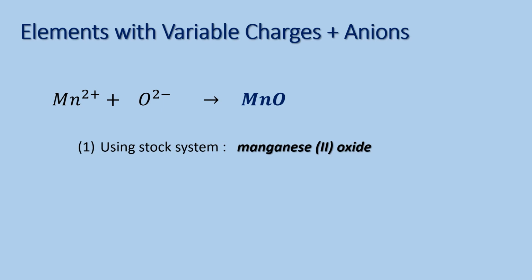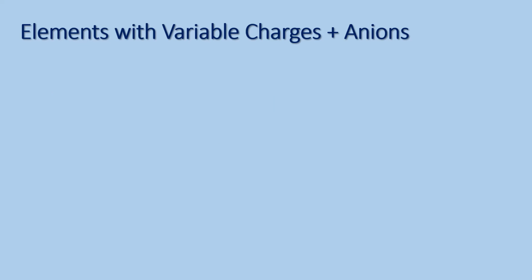The Roman numeral 2 indicates the charge of the manganese we use in the reaction between manganese and oxide. Or, using the old system, we can name this as manganous oxide, since we use manganese with lower charge or lower oxidation.